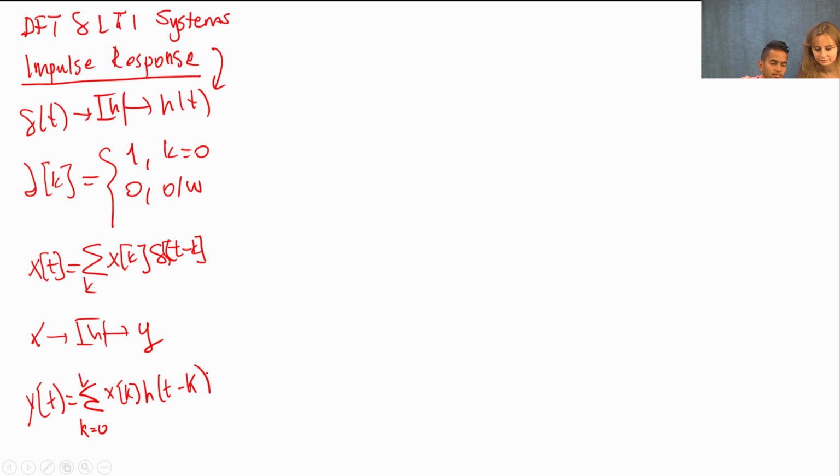Here L is the length of x, well, this would be L minus 1 then. L is the length of x, and M plus 1 is the length of h.